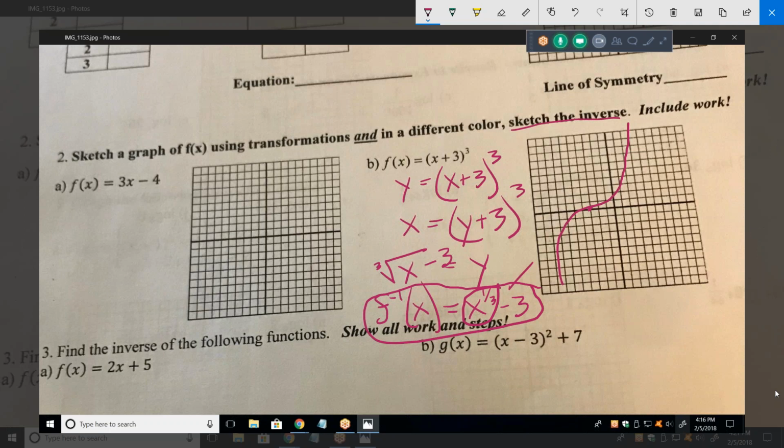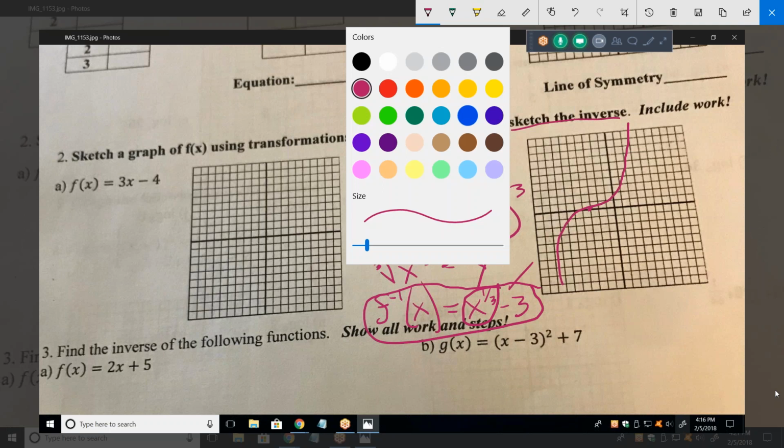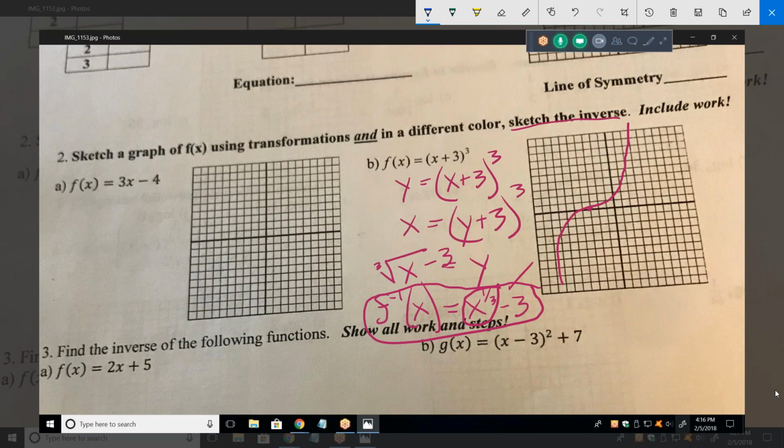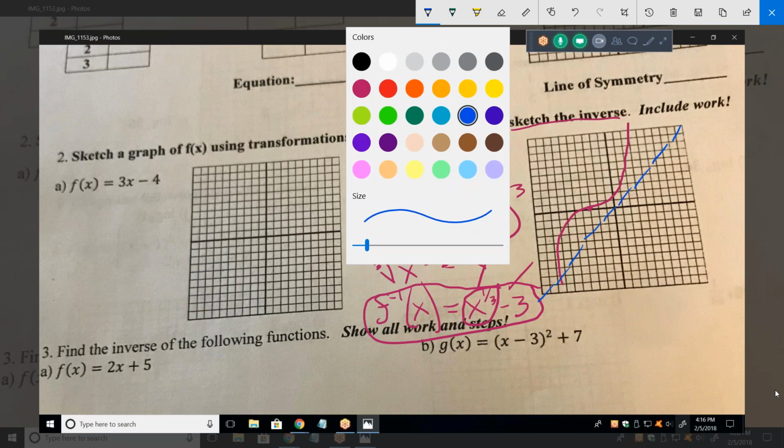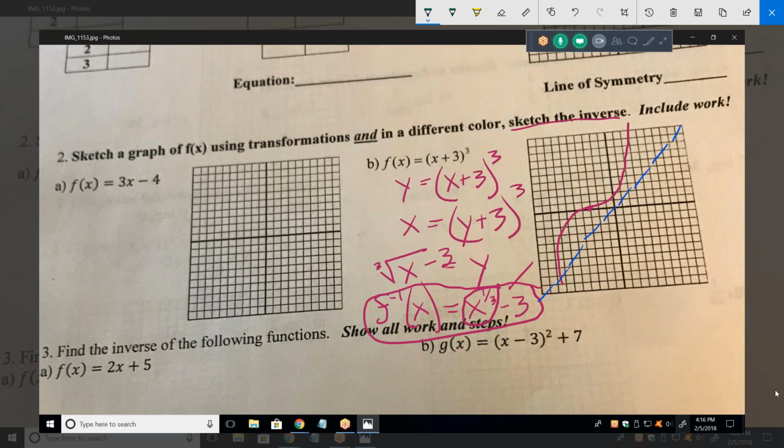So instead of graphing this function, they say sketch the inverse. So we don't have to do a great job. I always have trouble with this function, x to the 1/3. I don't know why, I just do. It's not something that my brain sees well in graphing it. So this time I'm going to graph the line y equals x, and I know that the inverse is going to be a perfect reflection of that.